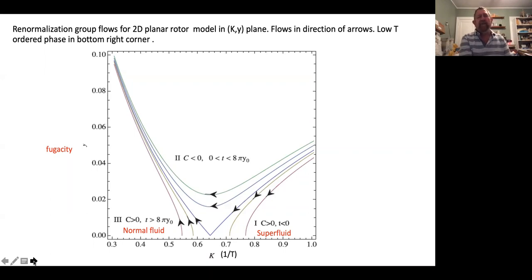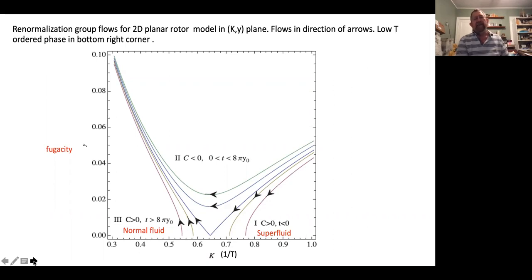TC of y naught is represented by this straight line flowing into the y equals 0 point. And all the flows where the fugacity eventually starts growing correspond to temperatures above TC.